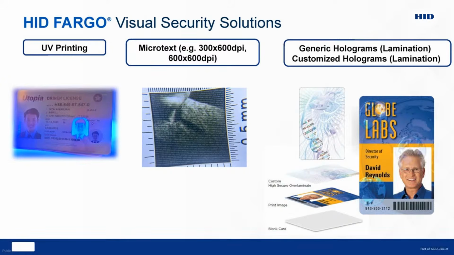Essentially this adds another security element to the front of the card, an additional element you can check to help prevent counterfeiting or bad cards into your organization. That lamination material is available for all the printers that are compatible with laminators, and can be ordered with either custom or generic holograms, whichever you would like. So plenty of options there for differing levels of security, depending on your end use case of how secure you want your cards to be.